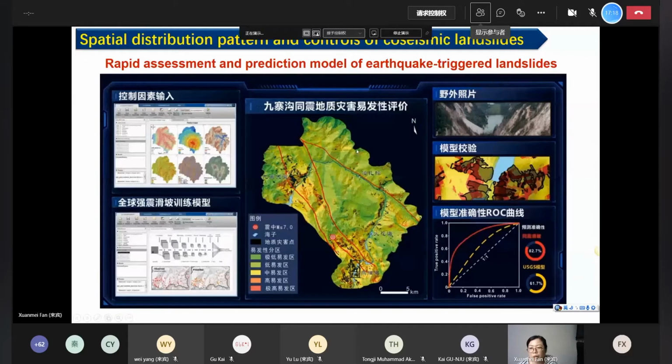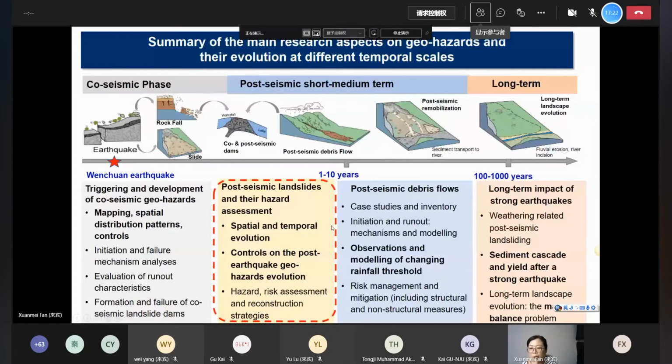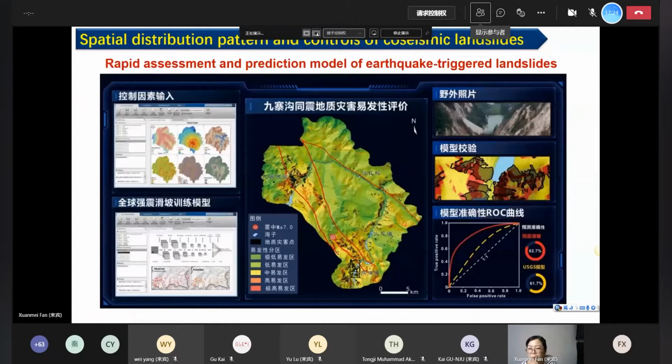To give you a quick summary, whenever an earthquake happens, we can quickly predict where the landslides are most likely to occur. This figure shows a quick prediction of co-seismic landslides after the earthquake, and the model did a quite good job of predicting the location of co-seismic landslides.